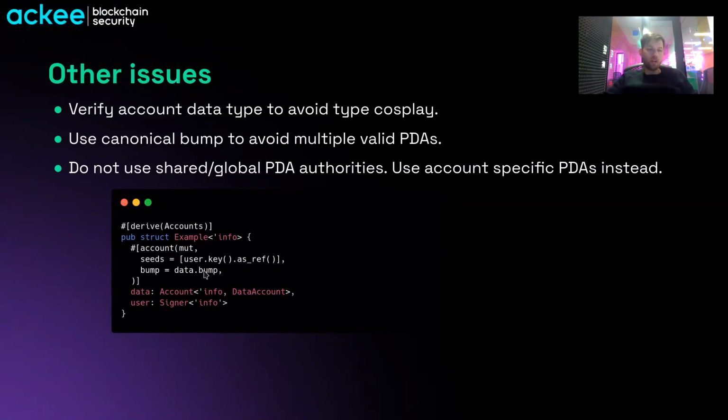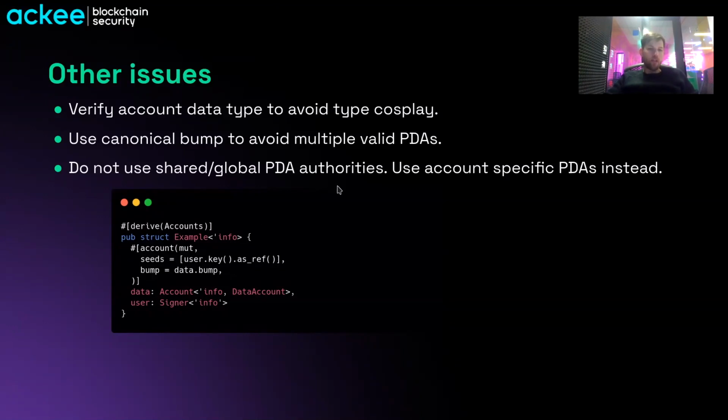Or you can, as you can see here, use the bump that you have stored previously during the initialization. So here the data.bump refers to a bump value that is actually saved in your data account. But you should never let the user choose an arbitrary bump.